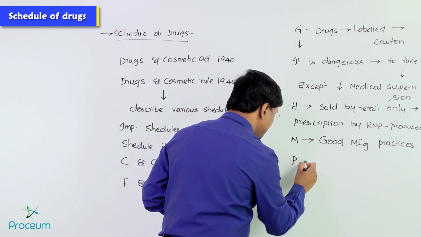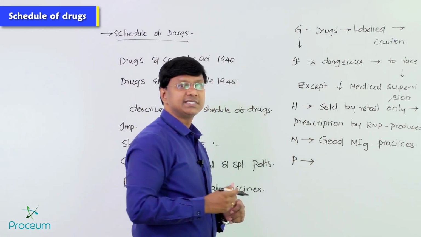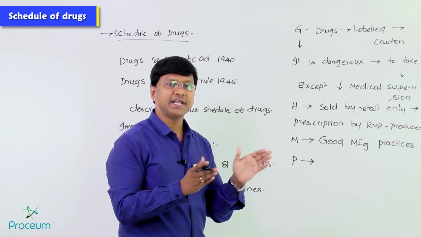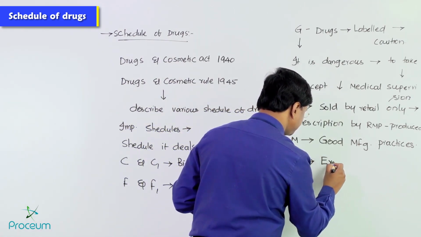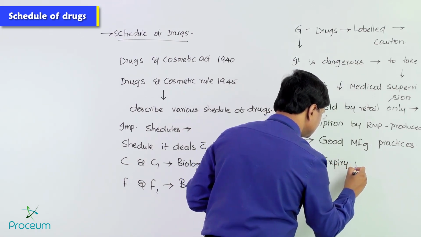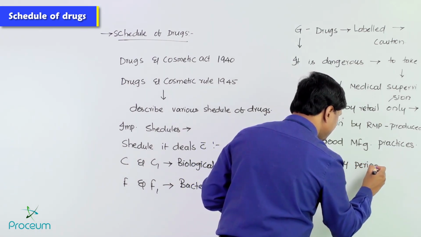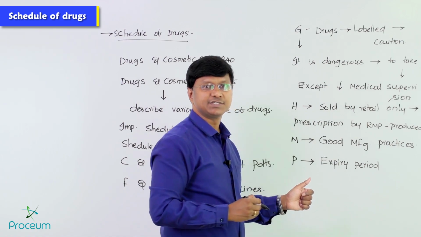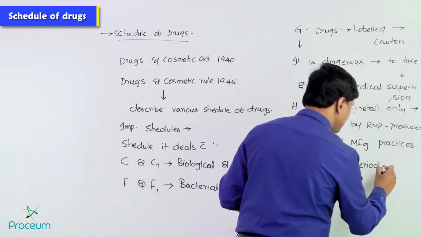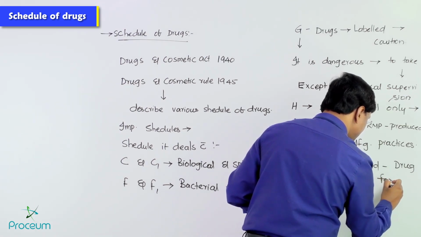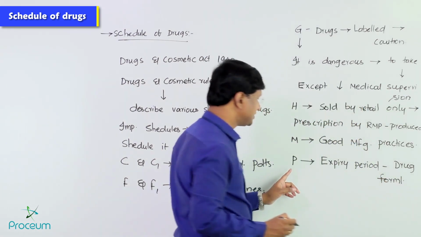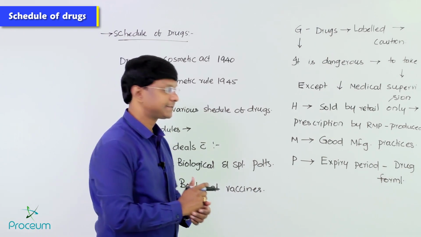Next, the letter P stands for expiry period of drug formulations. That is your Schedule P.